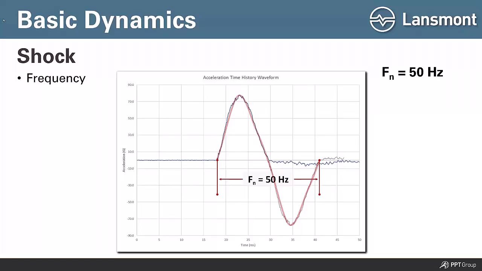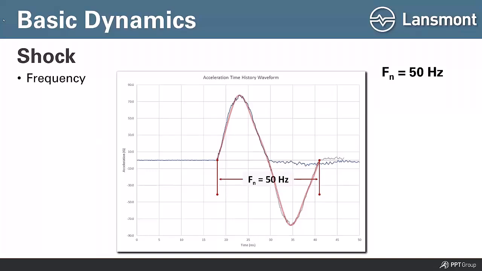And why is that important to know? Well, it's important when you start thinking, which is like the next webinar I would do, in terms of vibration. Any component in a product that has a natural frequency of 50 hertz or close to 50 hertz, if it experienced that shock pulse, not only is the amplitude of that shock pulse bad, but because it's tuned to that same frequency, it would respond greatly, probably in a very negative way.